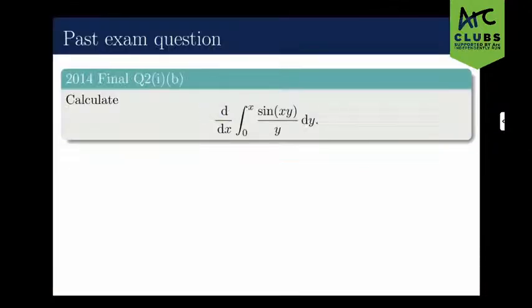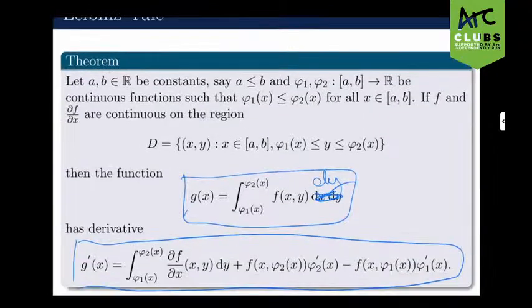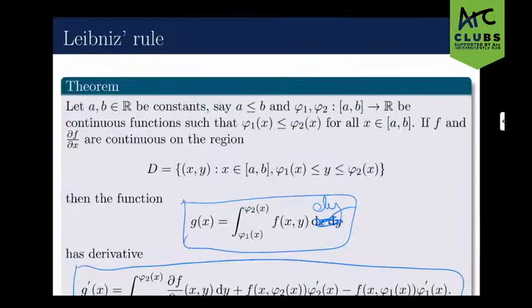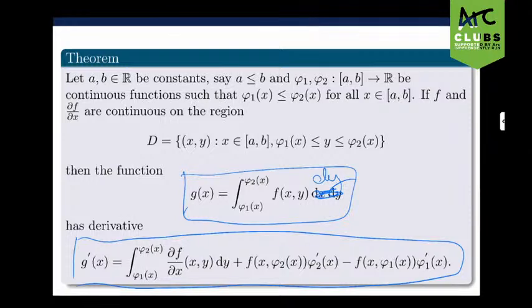So we have an example. We want to calculate this. Again, this thing here would be a function of x because the y disappears. y is just the integration variable, it's gone. So I need to apply this formula over here and take the derivative. A good thing here is that phi of x is just x, and this one is just 0. That makes life much easier, because this term just disappears.